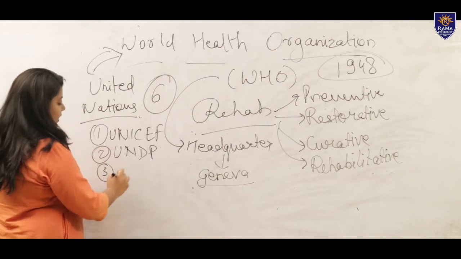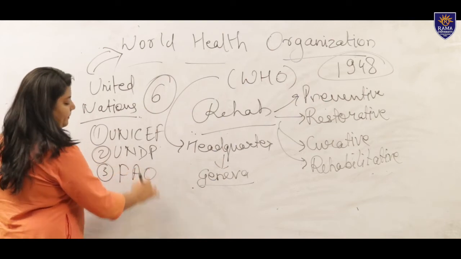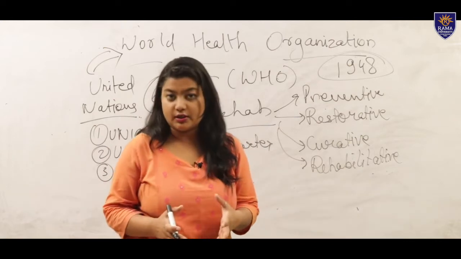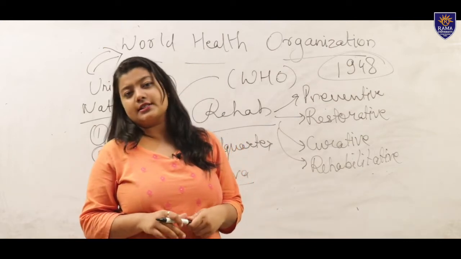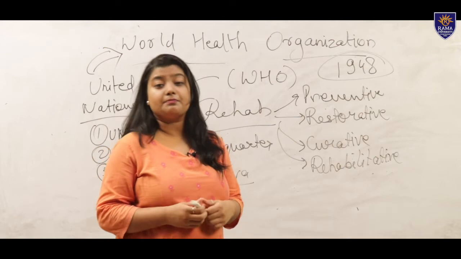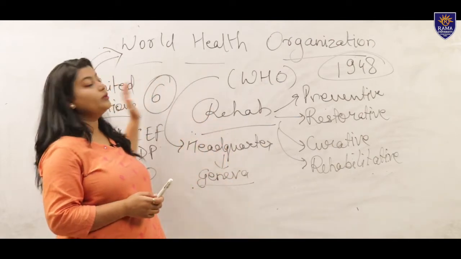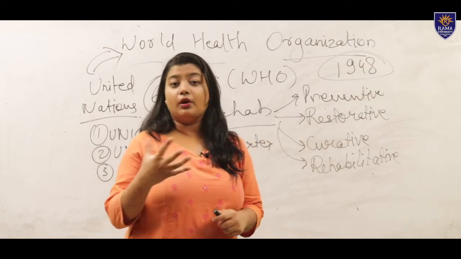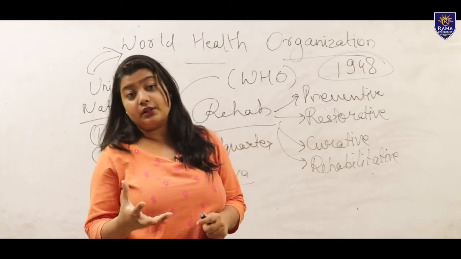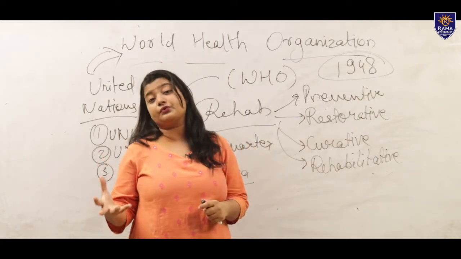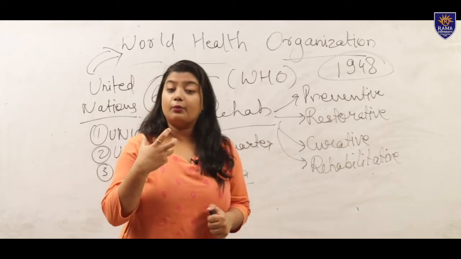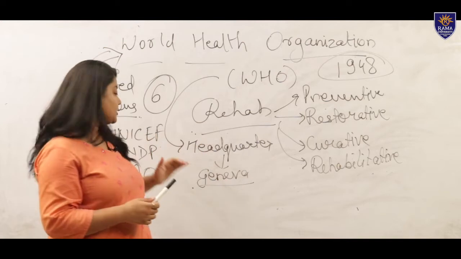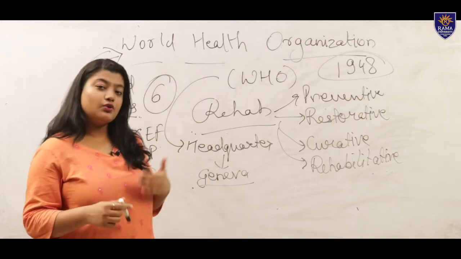On number 3, we have FAO, Food and Agriculture Organization. It is a very important aspect governed by the WHO, or you could say the United Nations, because it governs the quality of food, the production of food, the management of food, the maintenance of food, and in line with everything, it also governs the management of farmers who grow food.